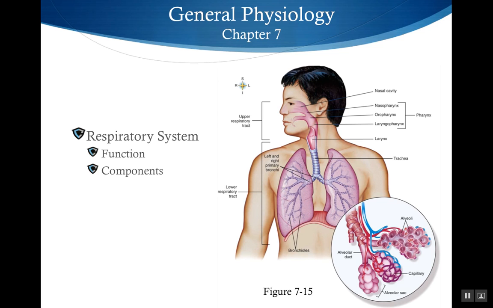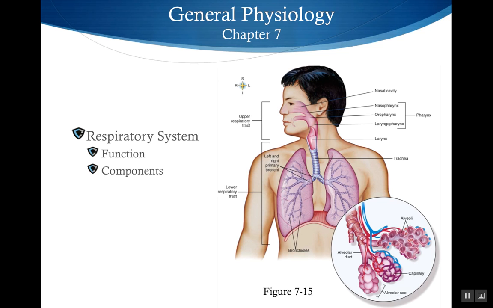That trachea is held open by C-shaped cartilaginous rings. The trachea then divides into two branches or bronchi. Each bronchus, that's the singular of bronchi, leads to a lung where it's divided into smaller branches.